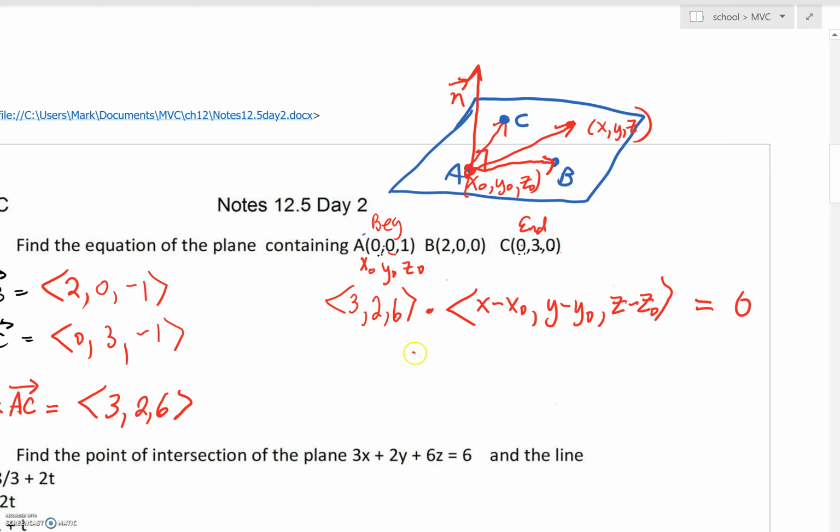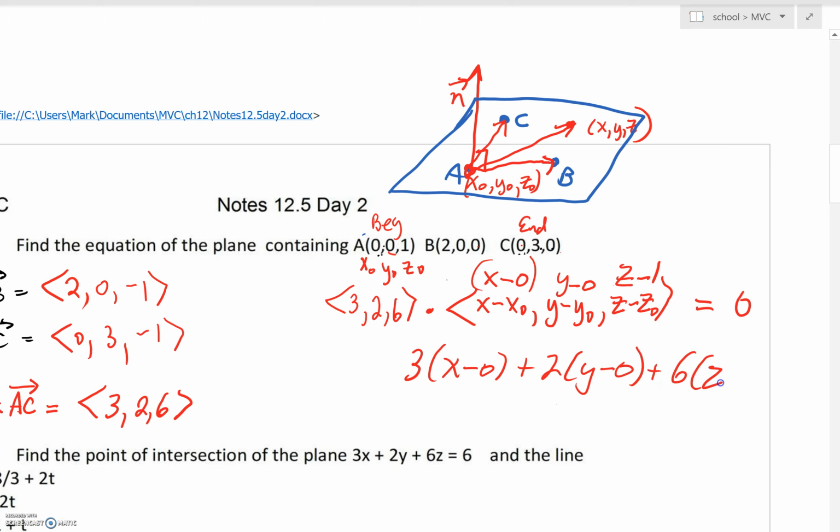So at the end of the day, we know we'd have in here is x minus 0, this is y minus 0, and this is z minus a 1. So we would have 3 times x minus 0 plus 2 times y minus 0 plus 6 times z minus 1. And this for sure is going to be equivalent to the equation of the plane.